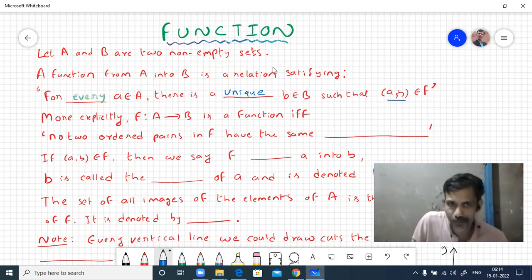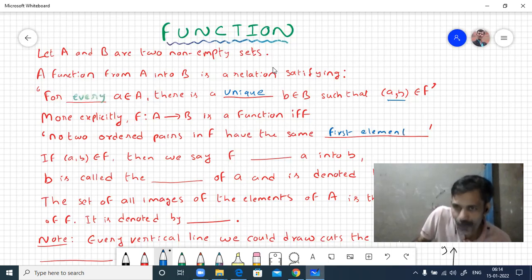More explicitly, F maps A to B is a function if and only if no two ordered pairs in F have the same first element or x coordinate.